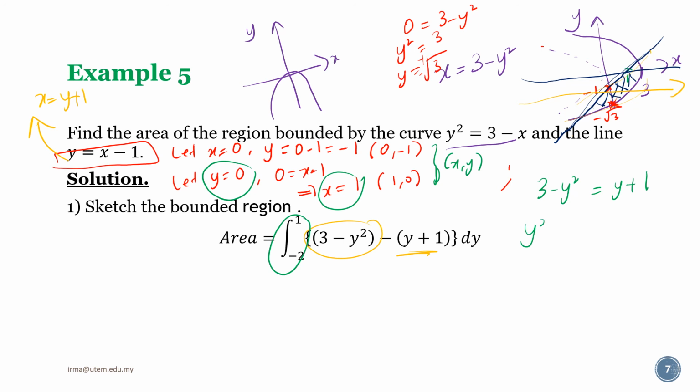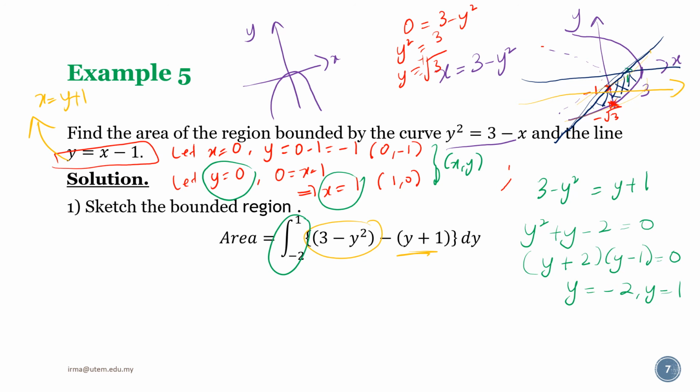Solving this, I have y squared plus y minus 2 equal to 0, so y plus 2 and y minus 1 equal to 0, so y is equal to negative 2 and y equal to 1. So that's why you get the limits from negative 2 to 1.